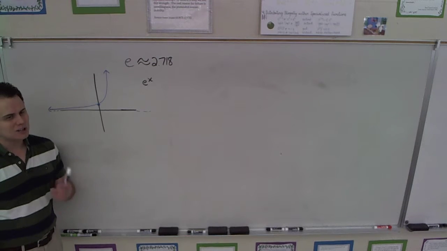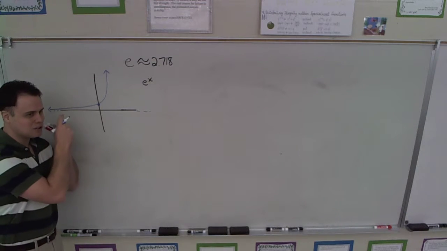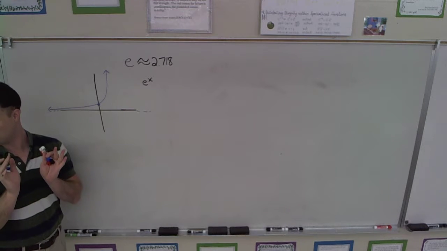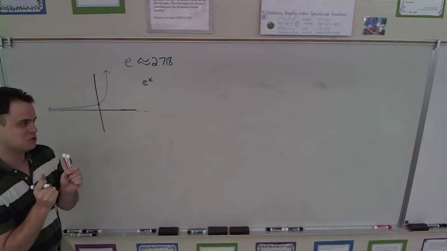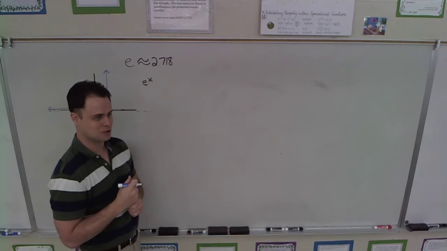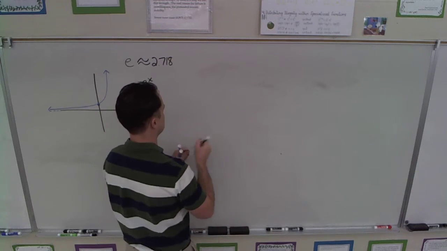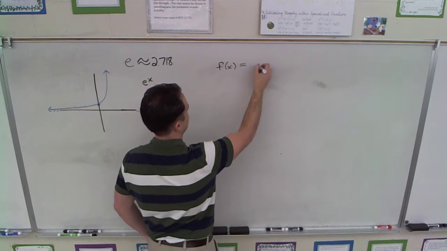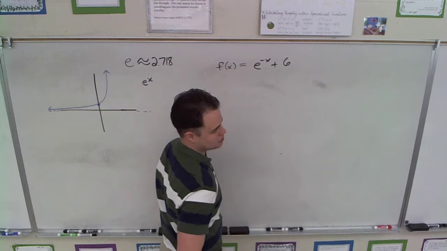The thing is, e to the x is this special, crazy, just right value of slope to do all kinds of really important stuff. It's like just the right slope, okay? And why it's just right is going to take a while to fully understand. But anyway, you'll have some questions in this assignment like, take a function like, I don't know, e to the negative x plus 6 and graph it.